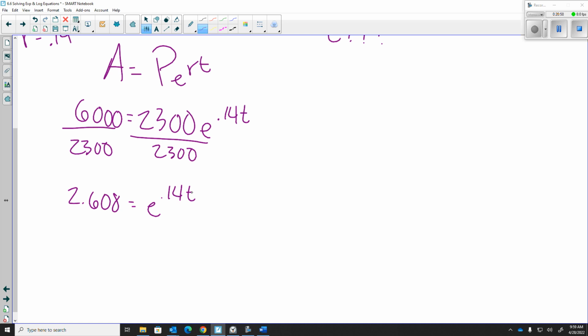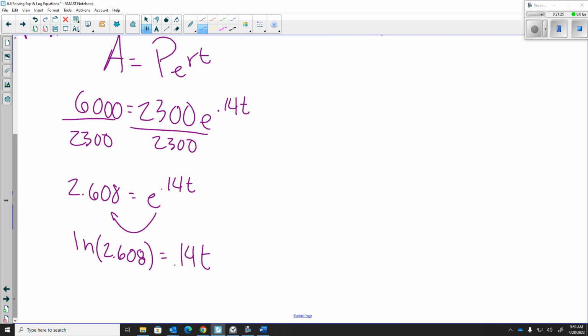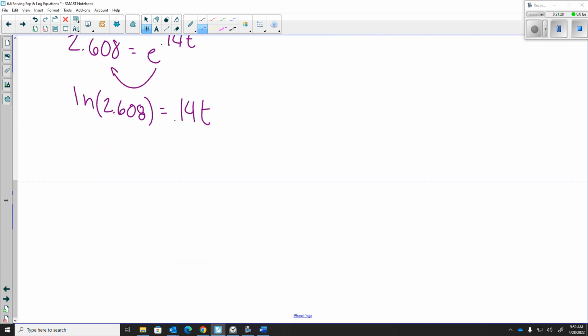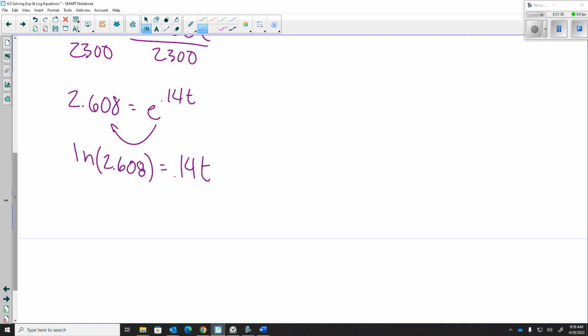It's an exponential, and I want to turn it into a log. So what's it going to be? ln. I'm going to take the e and move it over. It's ln 2.608 equals 0.14t. Are we okay with that? Okay.